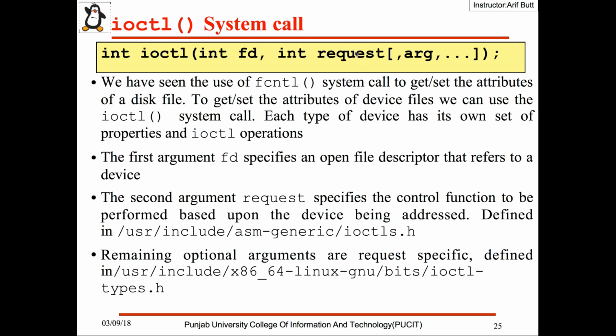If you want to see what different requests ioctl supports, you can see this file, usr include asm generic ioctls.h. And then we have optional arguments, which are defined in this file. Please do make time to see these two files.